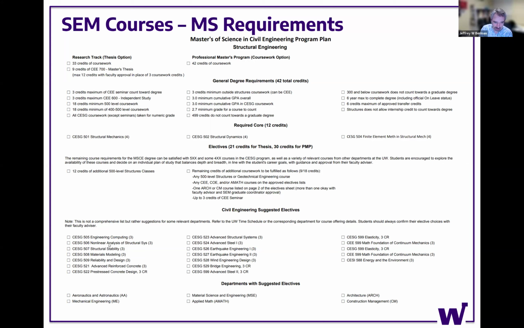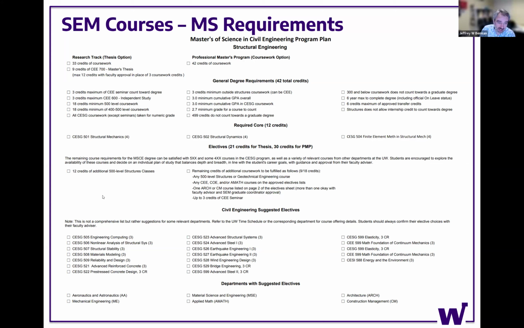They include engineering computing, nonlinear analysis, structural stability, materials modeling, structural reliability and design, advanced reinforced concrete, pre-stressed concrete, advanced structural systems, steel, a series of earthquake engineering classes, wind design, bridge engineering, elasticity, and some other more advanced continuum mechanics classes that are listed over on the right-hand side under suggested electives.